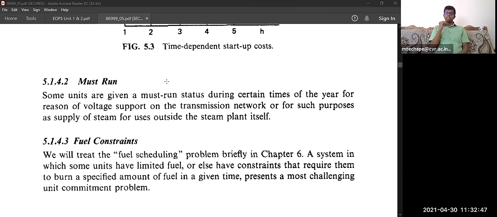With this, we can generate 500 megawatt only. With respect to the constraints, we have to burn optimally. So 500 megawatt generation is there, but the demand is only around 200 megawatt.